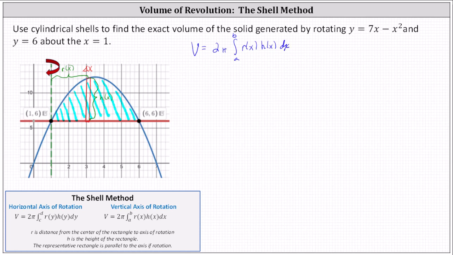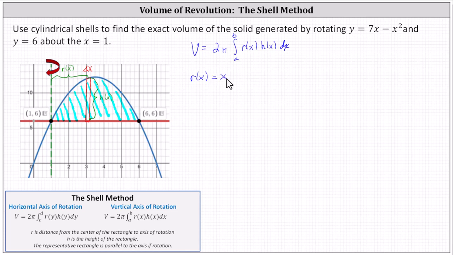Let's determine r of x and h of x. Again, r of x is the radius function, which we can think of as a distance from the center of the rectangle to the axis of rotation. Well, the distance from the center of the rectangle to the y-axis would be the horizontal distance x, but because we're rotating about x equals 1, r of x is equal to x minus 1.